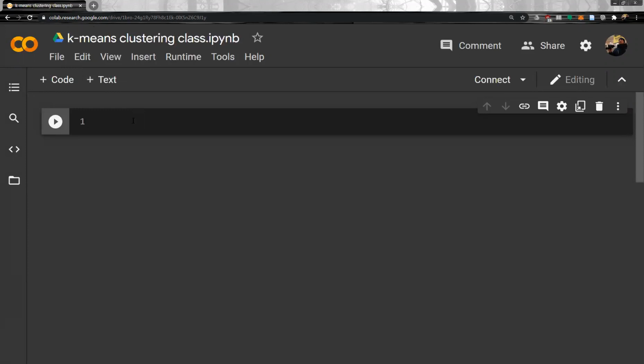Okay. First, let's import the libraries. So import numpy as np, the numpy library, and then the scikit-learn clustering library.